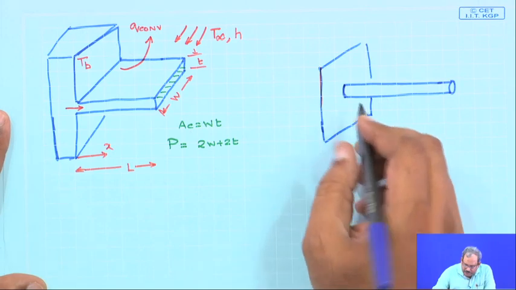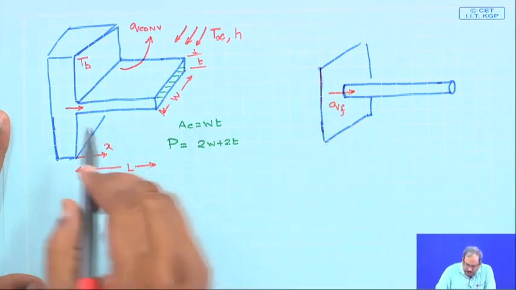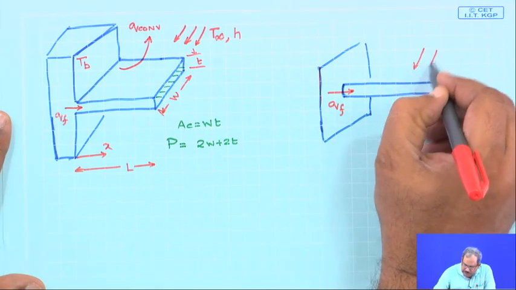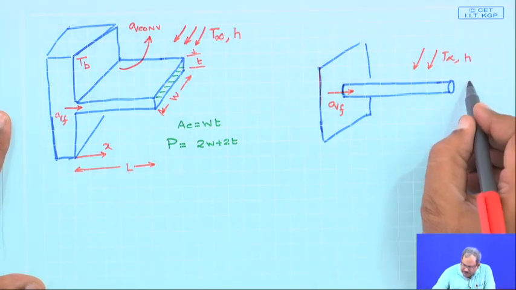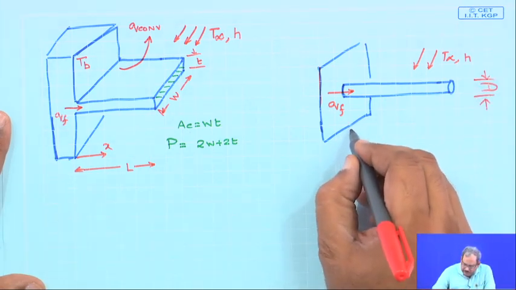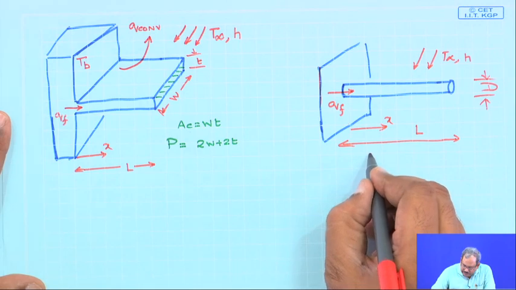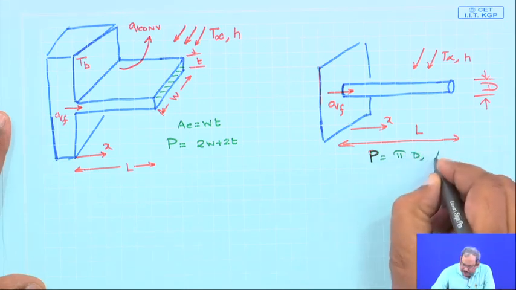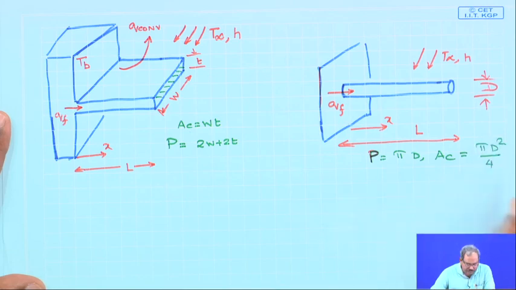So, here the heat picked up by the fin, we call it QF, the same over here, this is QF, and we also have the same T infinity and H, and let us say I assume that the diameter of this constant cross section pin fin is D. This is again x, and the entire length of the fin is L. So, here the perimeter is going to be pi times D, and the cross sectional area which is utilized for conductive heat transfer is going to be pi D square by 4.